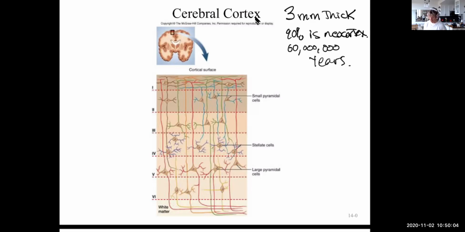Whereas vertebrates have been around for much longer than that. Vertebrates have been around for 600 million years. So relatively, the cerebral cortex is relatively new.